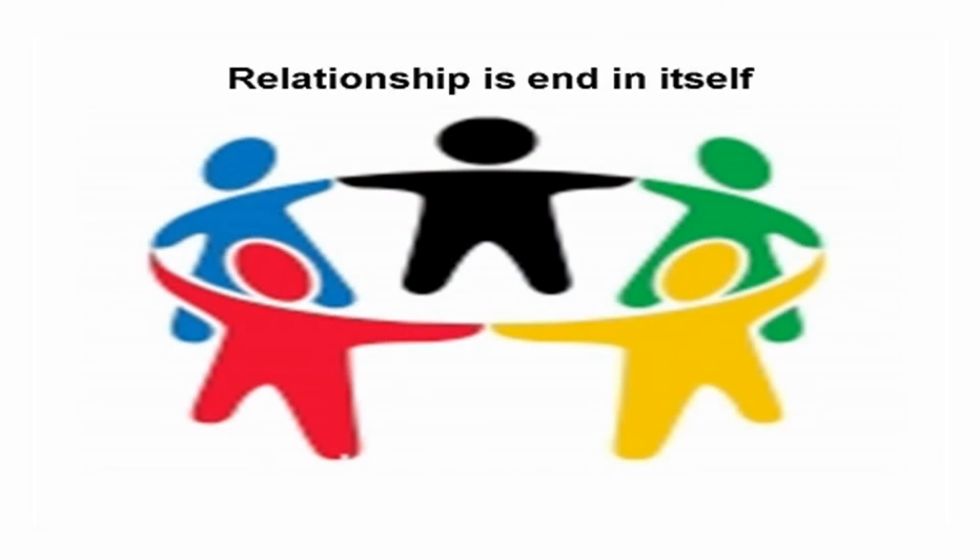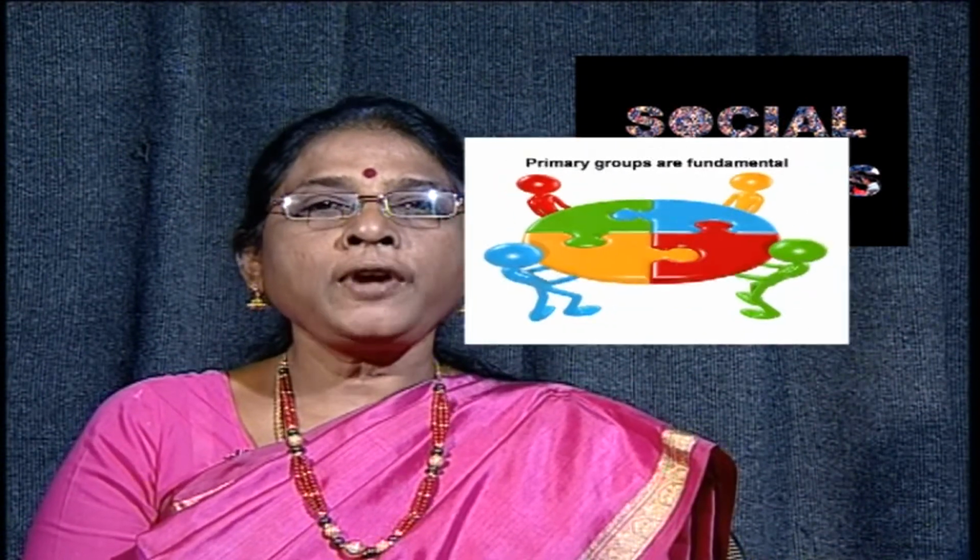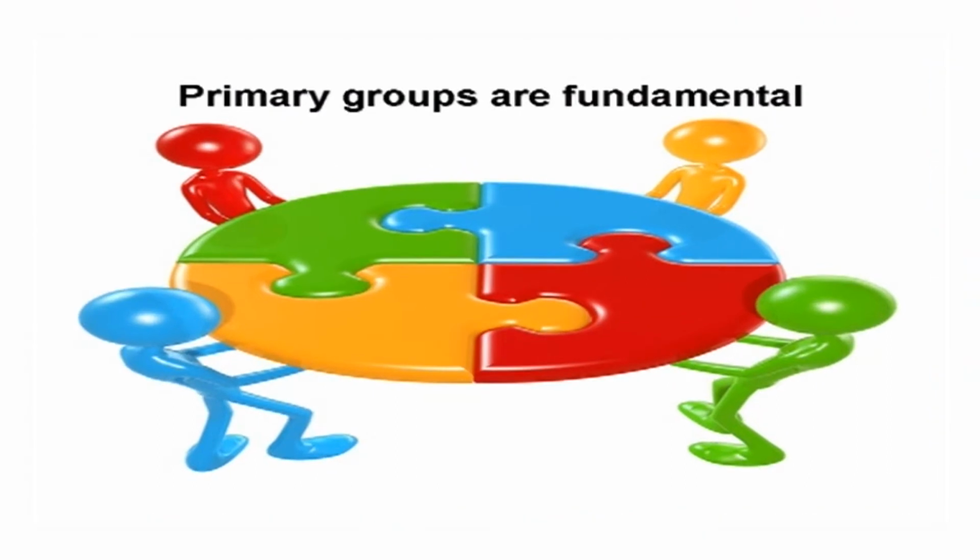The ninth point is that the relationship within primary groups is an end in itself. People find happiness in their relationship with other members of the primary group. Other than that, they do not find any bigger goal to attain. And finally, primary groups are fundamental because most personal needs are satisfied within the primary group relationship.